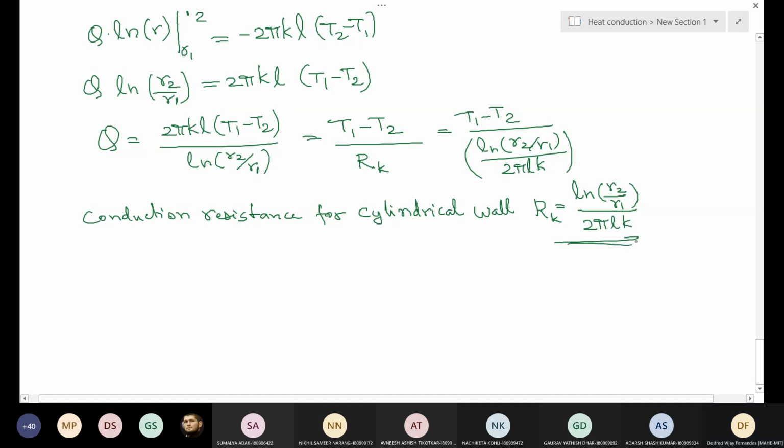So that's about the rate of heat transfer. Q can be found using this formula.